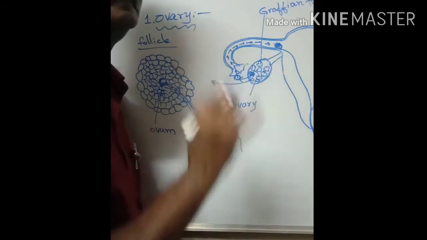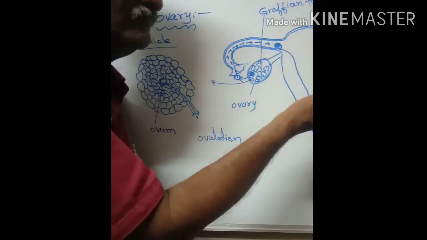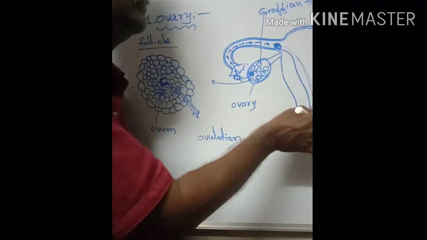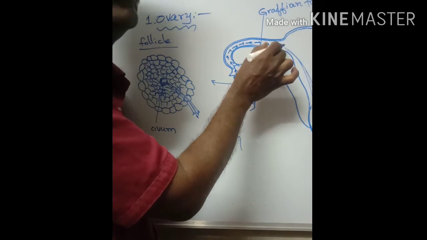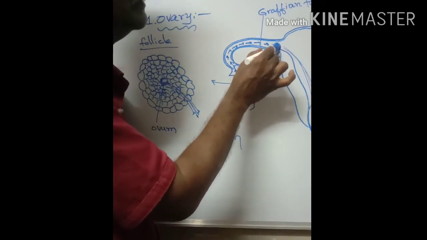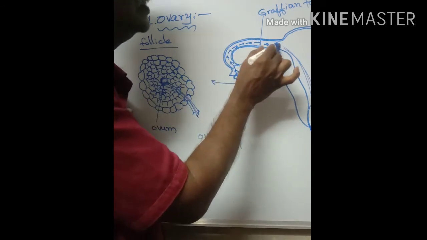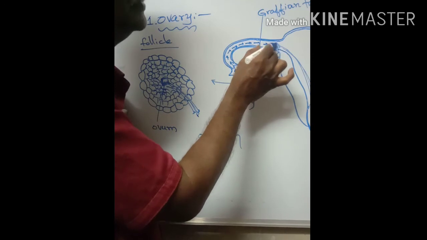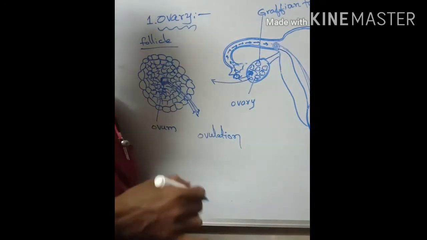Within that time, if sperms reach and join with the ovum, the sperm fuses with it. One sperm reaches this ovum and fuses here, so fertilization happens.